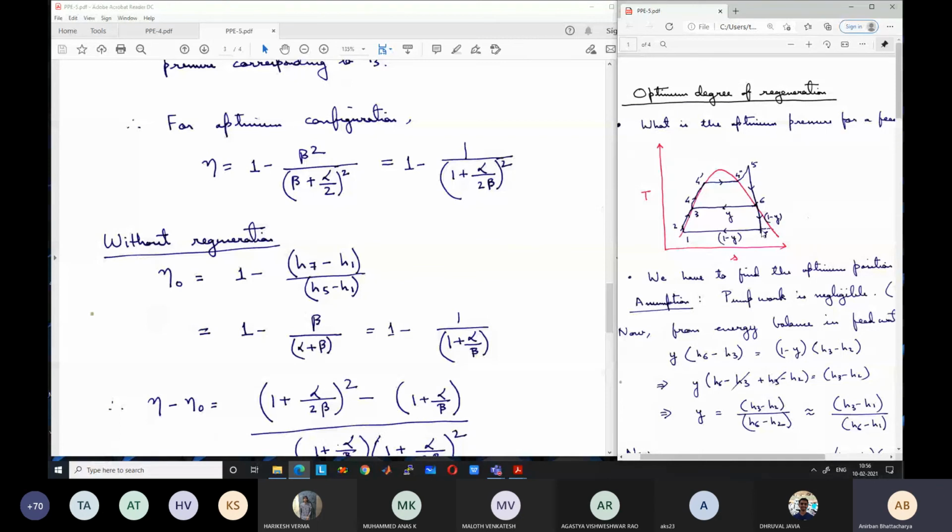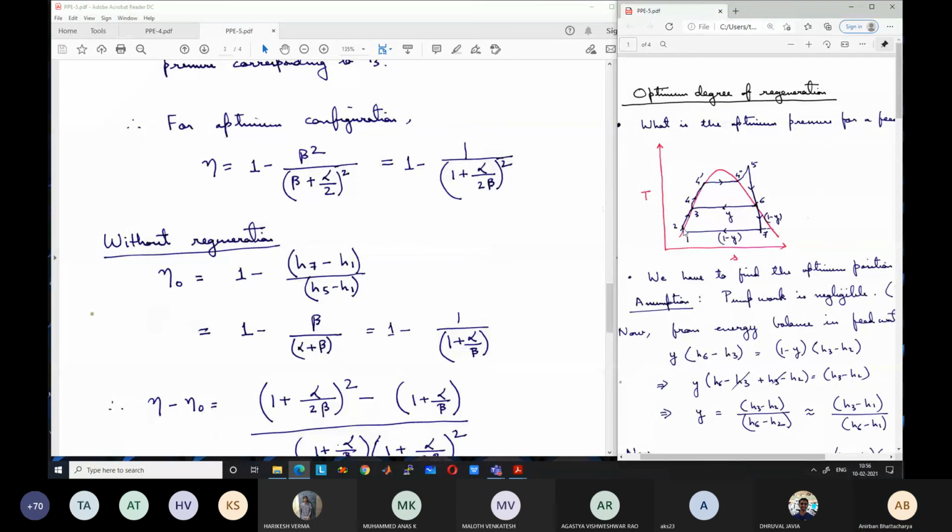H7 minus H1 is beta, and H5 minus H1 is beta plus alpha: H5 to H4 dash is beta and H4 dash to H1 is alpha. So 1 minus beta by alpha plus beta, or in other words, 1 minus 1 by 1 plus alpha by beta.